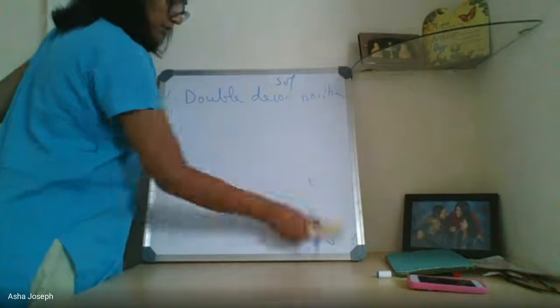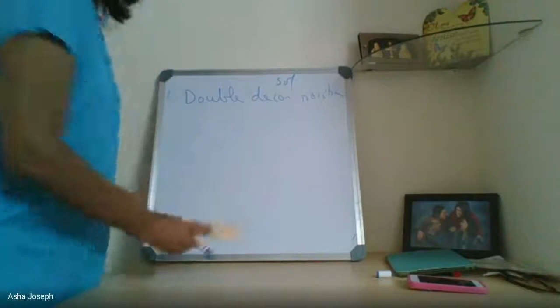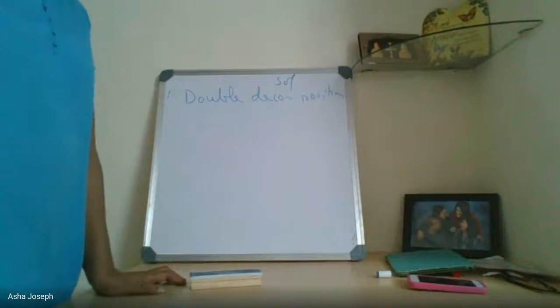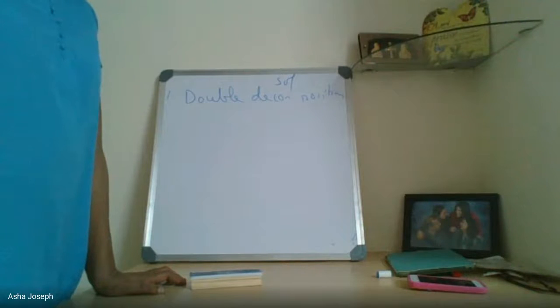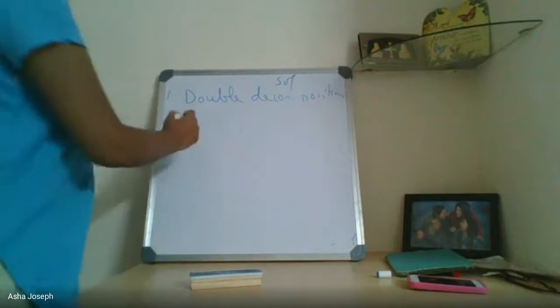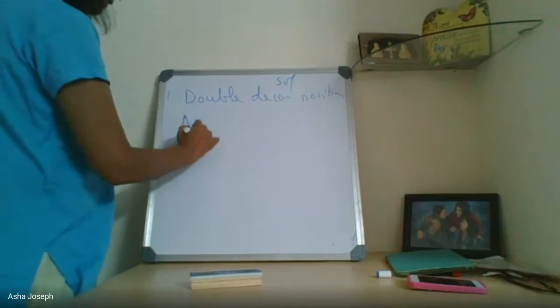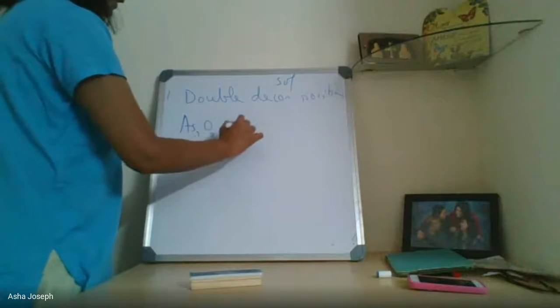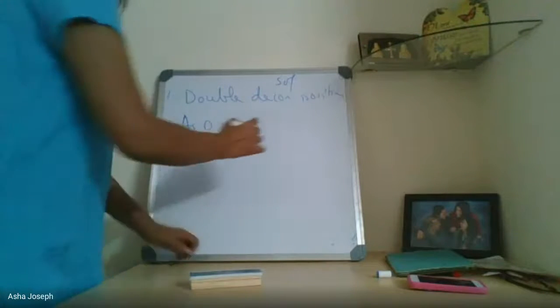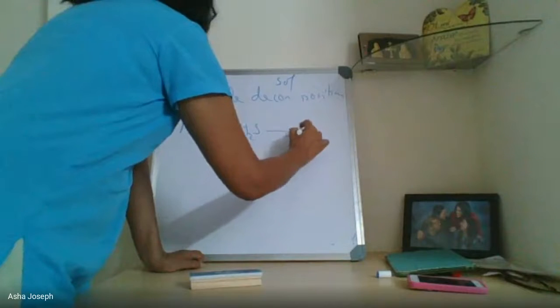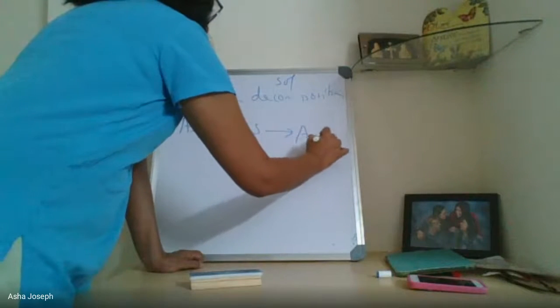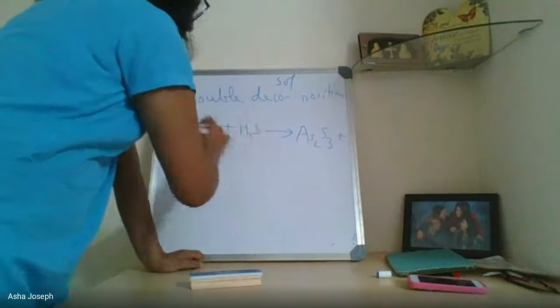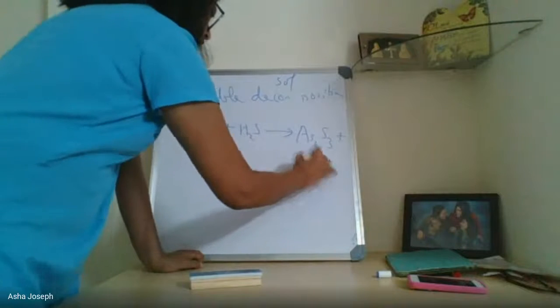Okay, the first one. Already you learned that arsenic sulfide sol is obtained. And the method is: you take arsenic oxide and pass hydrogen sulfide. You will get arsenic sulfide sol and the byproduct, guess and say, water.